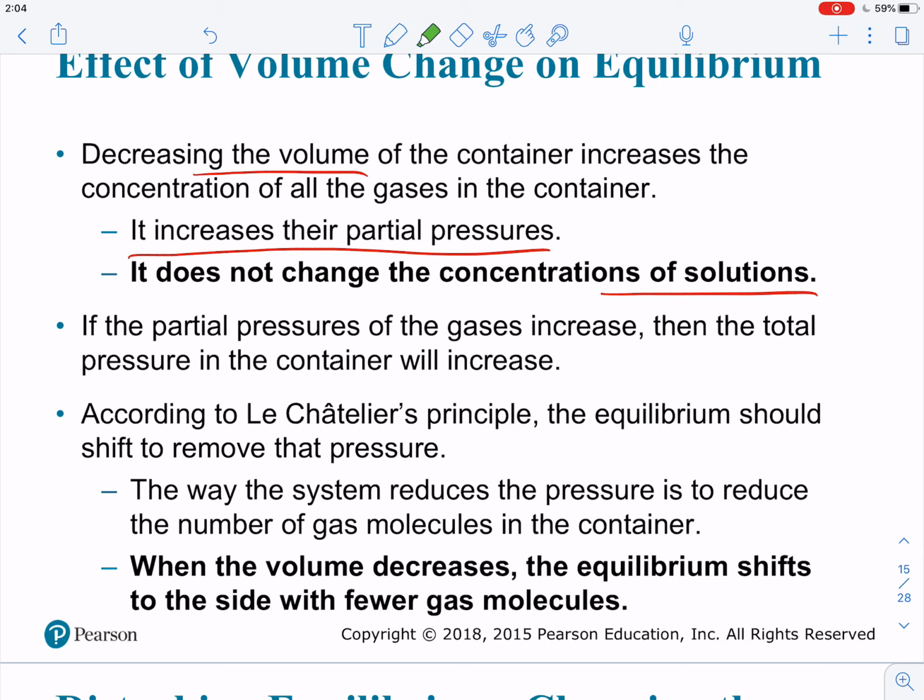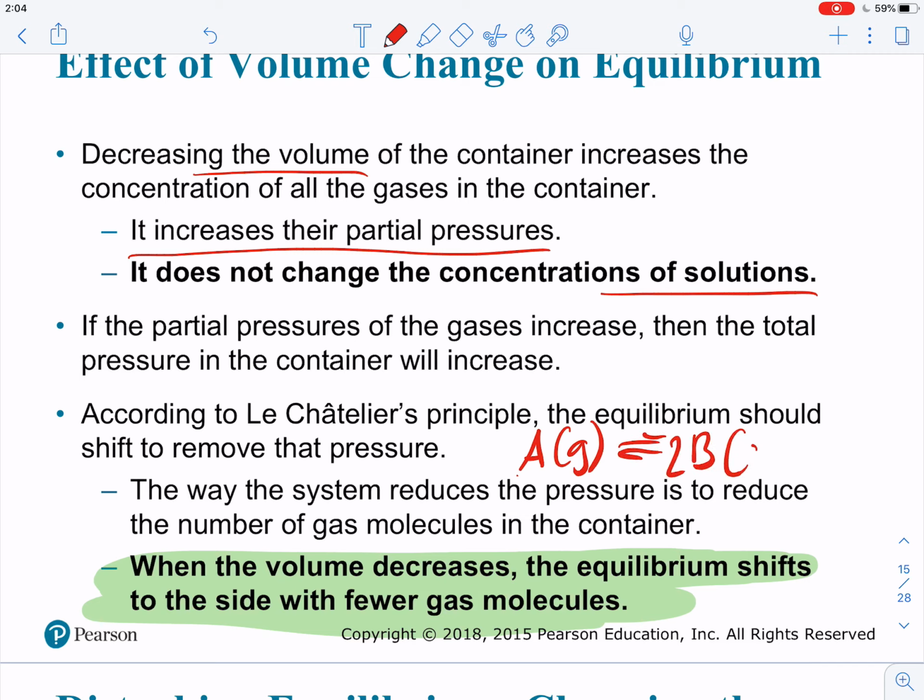Now, this is really important to remember. If you decrease the volume, then you have to look at the number of gas molecules that you have in the reaction. If you decrease the volume, you are favoring the side with the fewer gas molecules. Let's use, for example, a gas that goes to 2B in the gas phase: you have 1 mole of gas, and yes, I know it doesn't sound very good, and 2 moles of gas here.